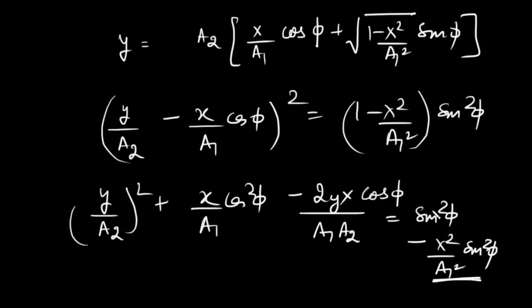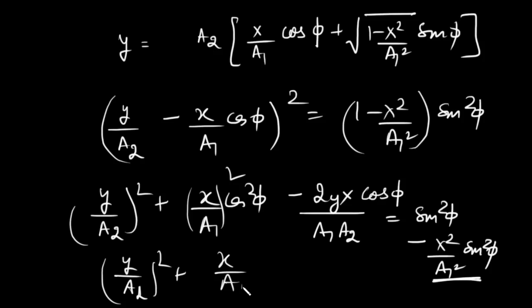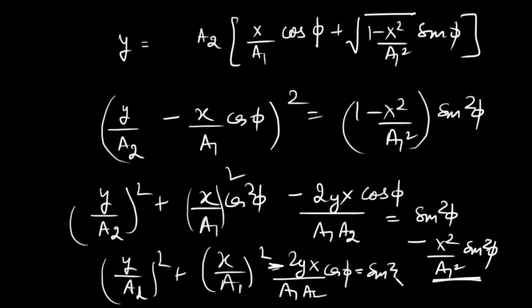We can take this expression on the left hand side and add it up to this. We have y upon A2 square plus x upon A1 whole square minus 2yx upon A1 A2 cos phi, this would be equal to sine square phi.